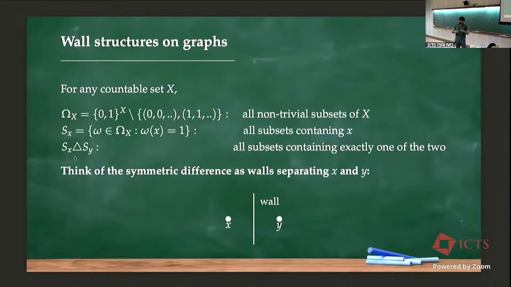Another way of looking at the symmetric difference, which is again very simple but turns out to be quite useful, is as a wall separating X and Y. It partitions your set: a subset can contain either X or Y. And mu will be a measure on the space of all walls that we can construct from the symmetric difference. Does it make sense?